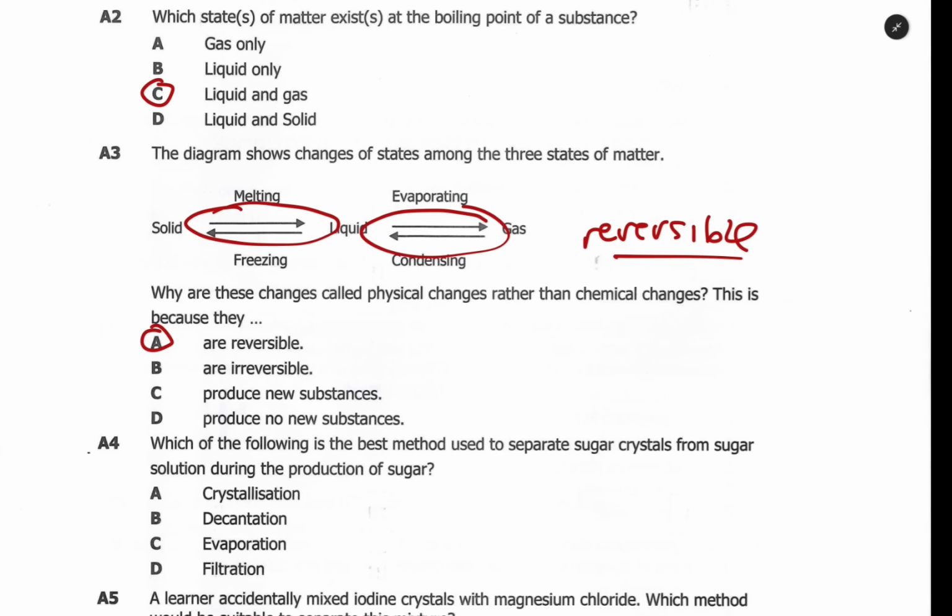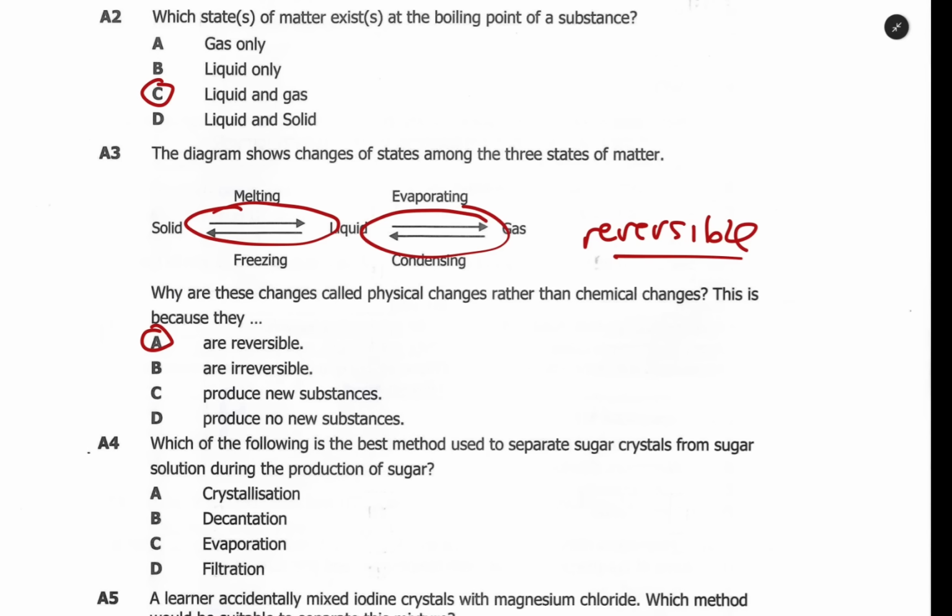But in this scenario, we are given the diagram, and what we are able to see is that the reaction is reversible. So there's a conflict between the first answer and answer D, which says produce no new substance. That is physical change again, and that is true.